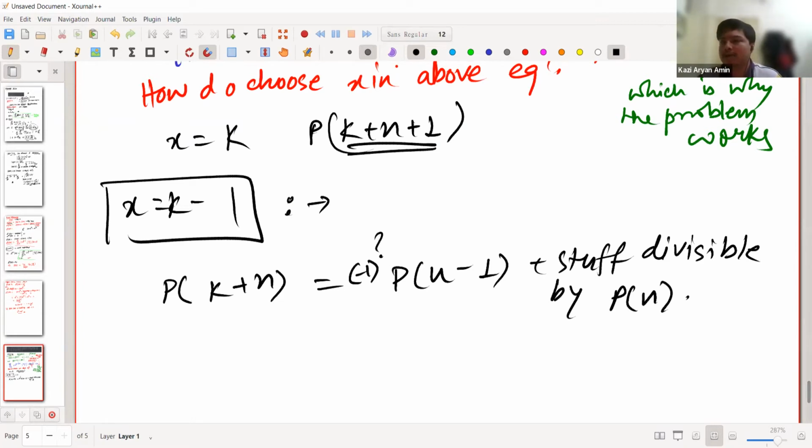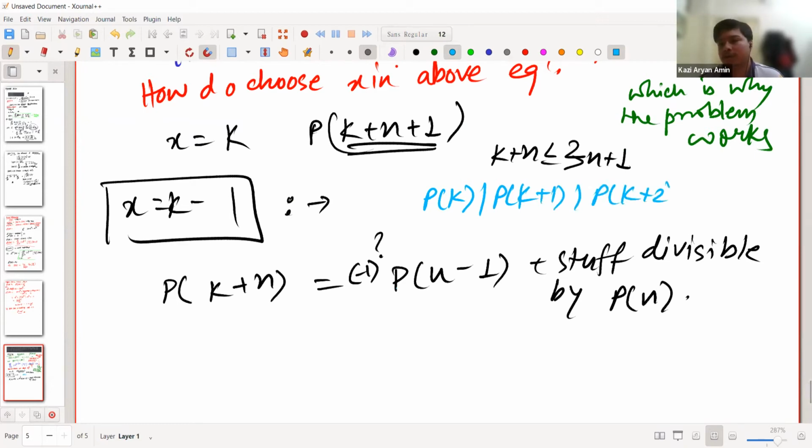Do you agree with this statement? Recall, since we had k plus n is at most 3n plus 1, we can very easily write p of k divides p of k plus 1 divides p of k plus 2, and so on. Does this make sense up till p of k plus n?